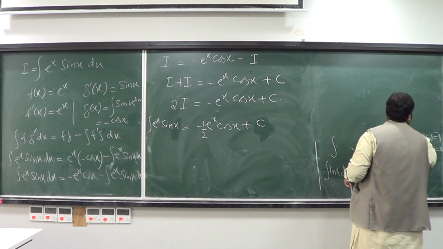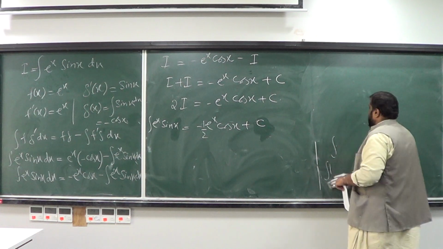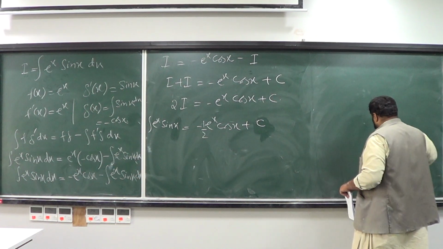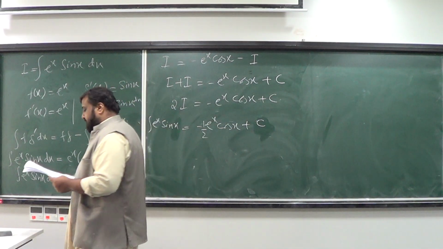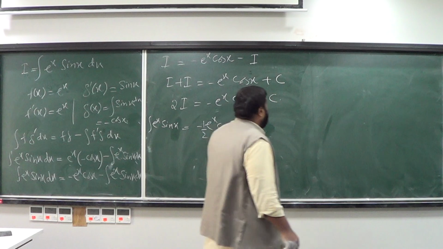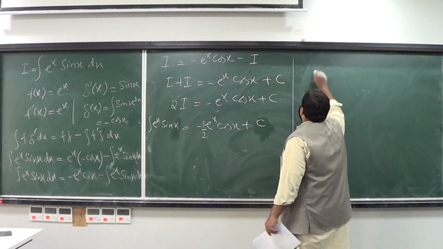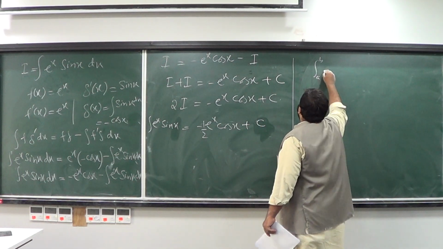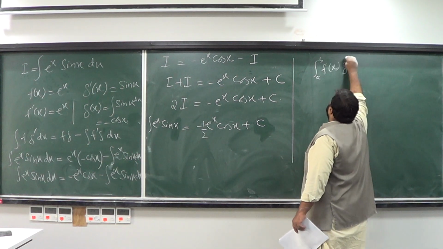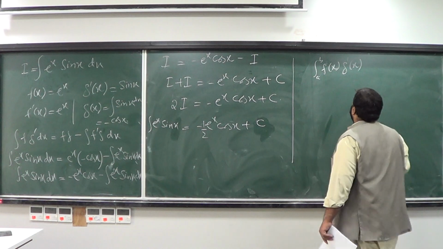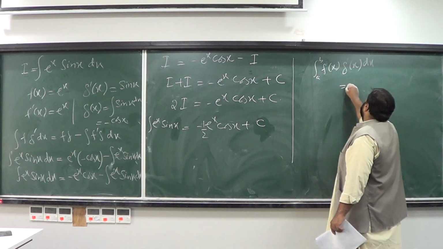Now I would like to do a last thing. By the way, what if you have the integral from a to b of f prime of x, f of x, g prime of x dx, what would be the integral? The integral is going to be simple.